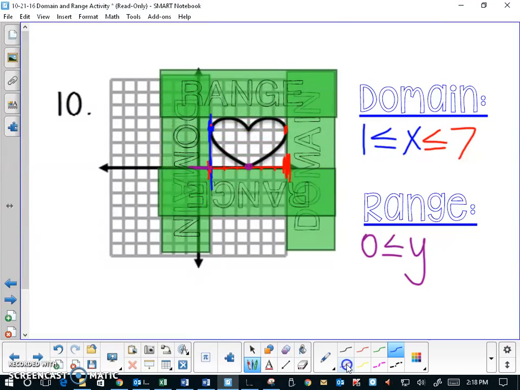That's our last point. And what is our y value here? Let's see, 1, 2, 3, 4. So that's the biggest y value, and it's also included. So our y's are going from 0 to 4, and they're included. So 0 is less than or equal to y is less than or equal to 4.